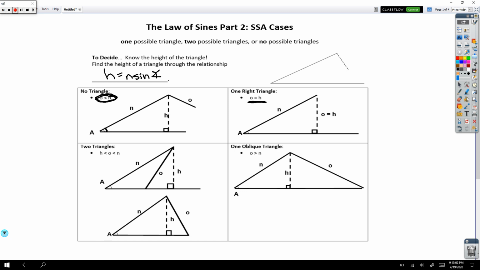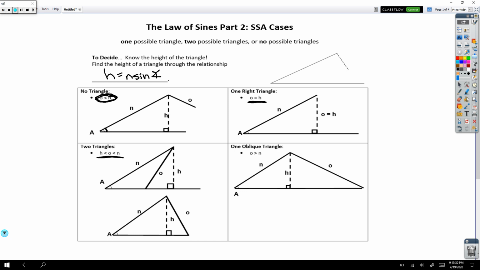And the last two cases, if the height is smaller than the opposite side, but the opposite side is smaller than the adjacent side, okay, so we have this thing going on, then we have two possible triangles. Now, this is the worst case scenario because we would have to solve for not one, but two triangles.